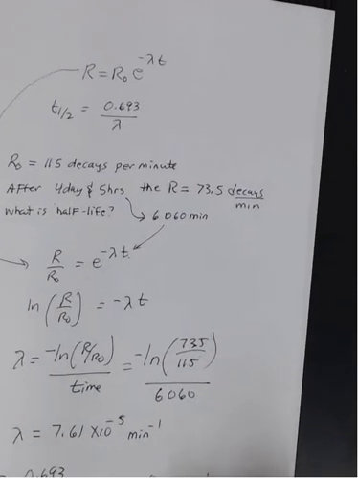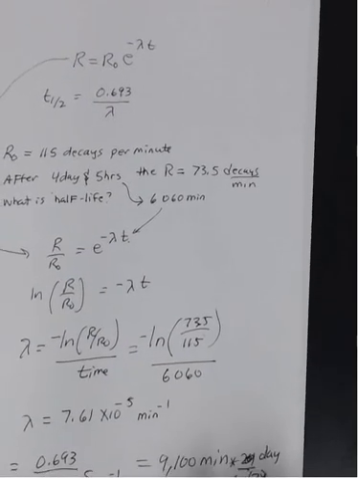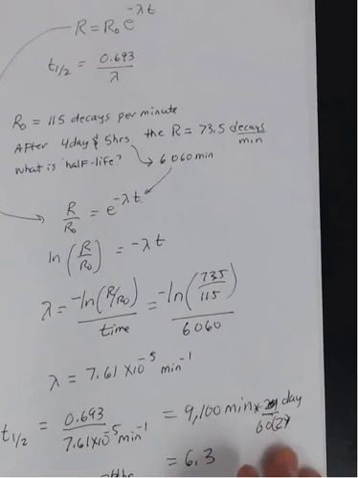So 60 minutes is 24. Oops. It's 24. So give me days on top. That gives me 6.3 days. I'm sorry, I was writing way down here.